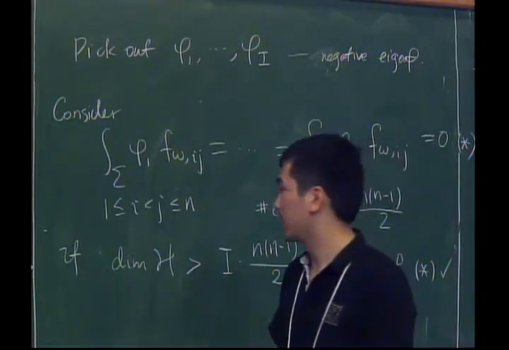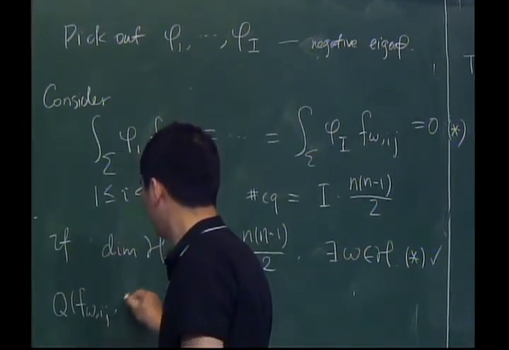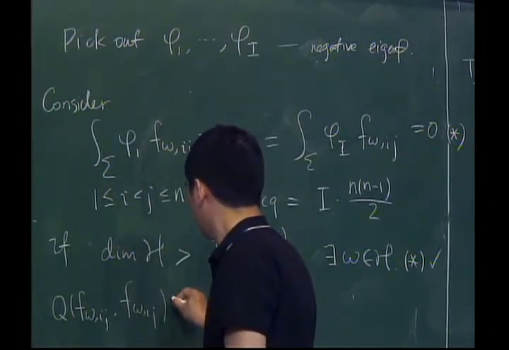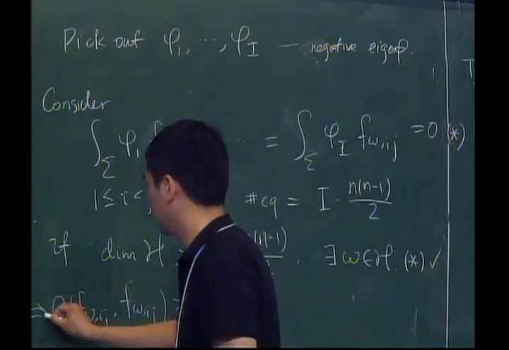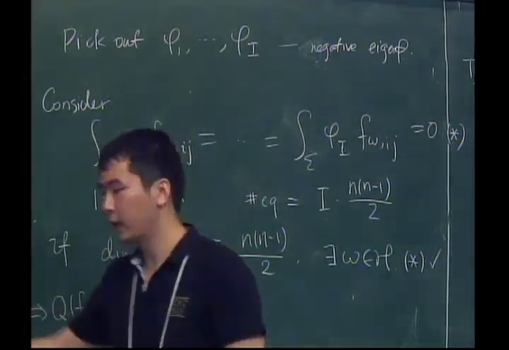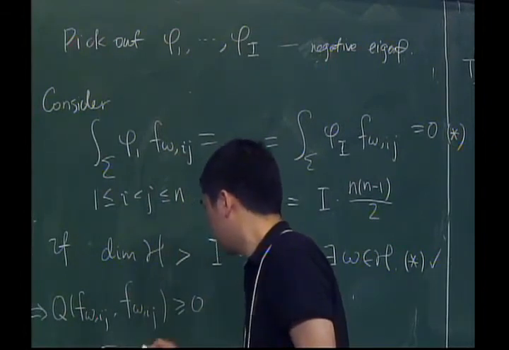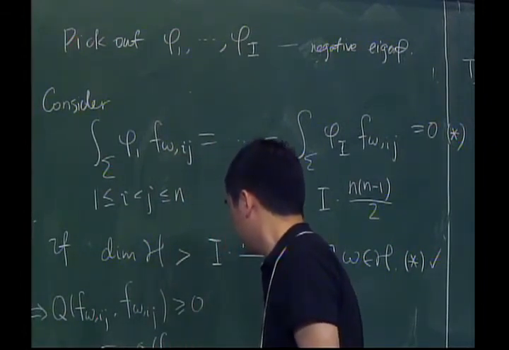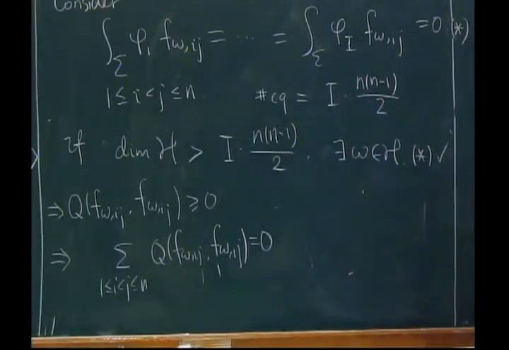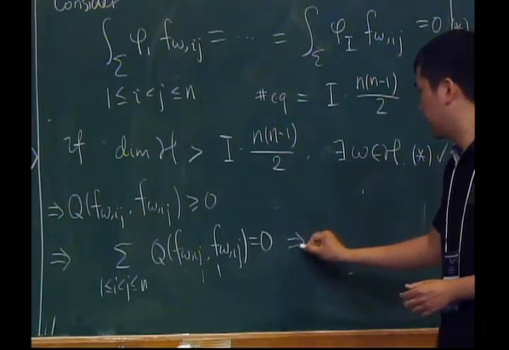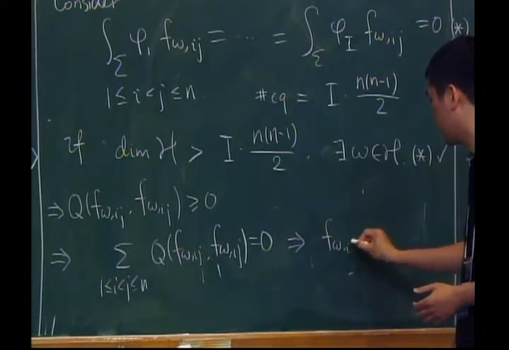Therefore, by variation theory, if you consider the variation given by f omega ij, it should be non-negative, by the definition of Morse index. But on the other hand, by this calculation lemma, if you sum up all the pairs i and j, you get 0. So in particular, every single one of them should be 0, or in the kernel of the Jacobi operator.